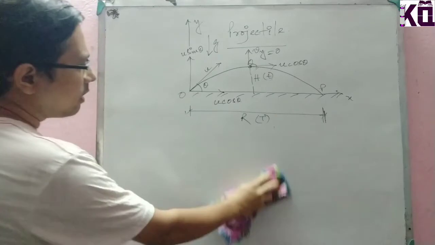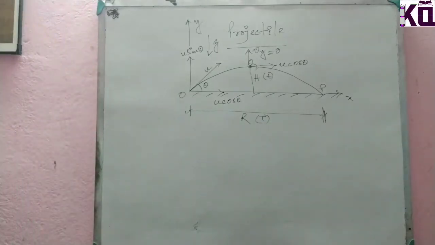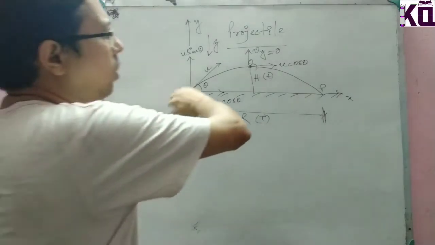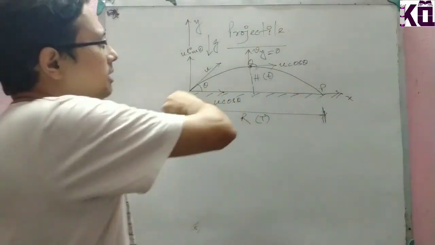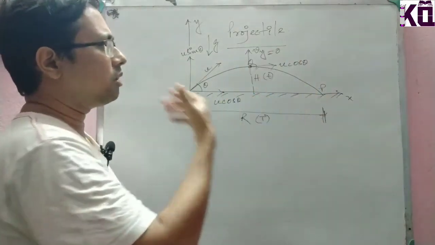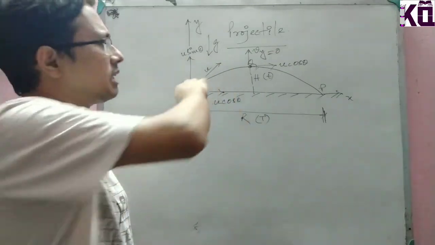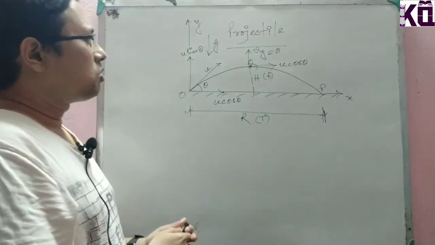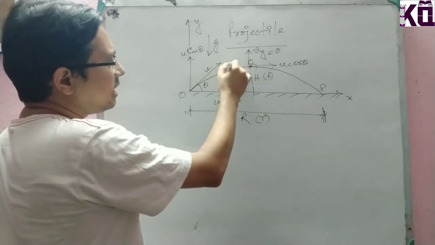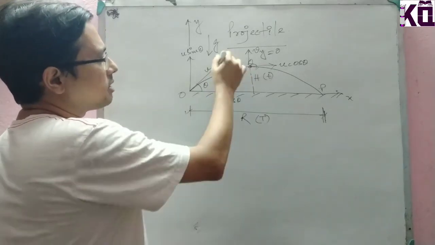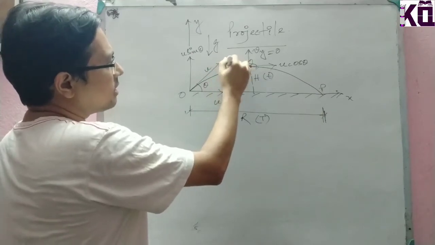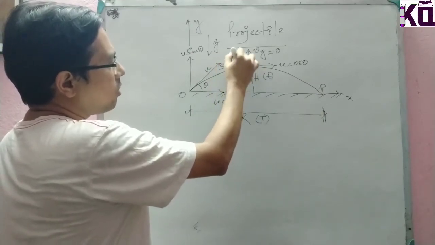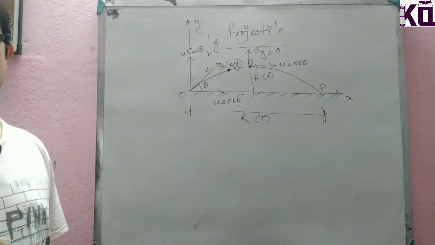Now I want to say what the actual equation of this curve is. This is nothing else but a type of curve, and we want to identify what type it is. Let us take any particular point on it, say S, with coordinates x and y.